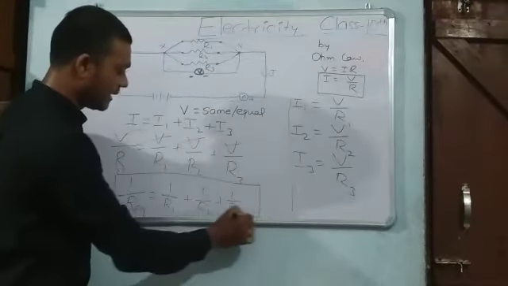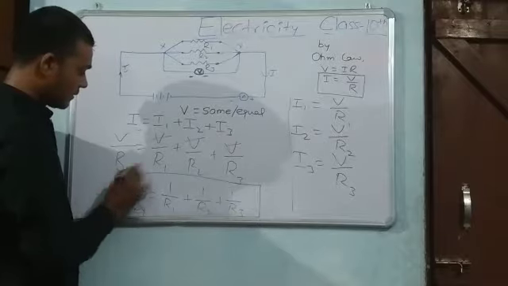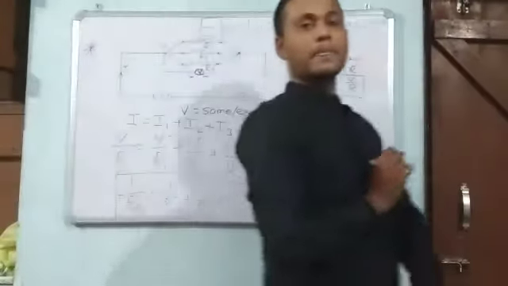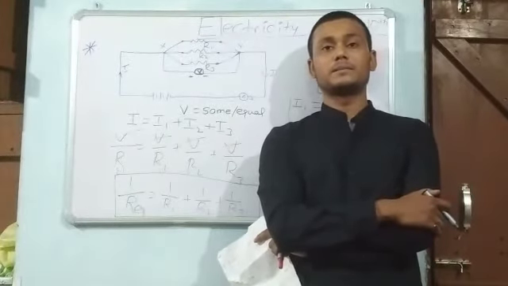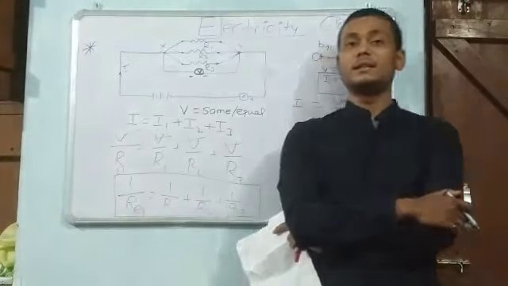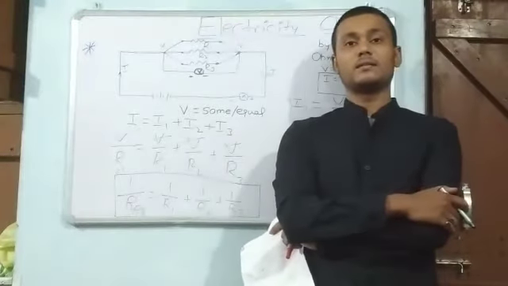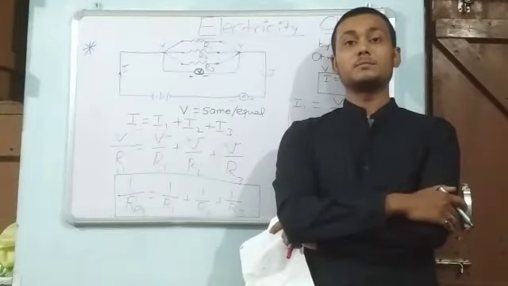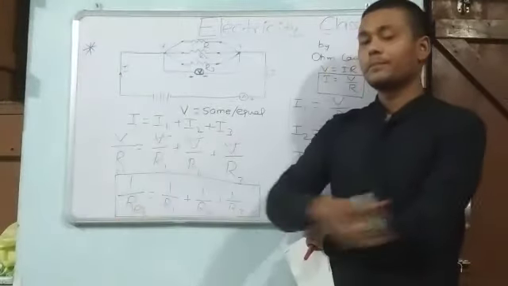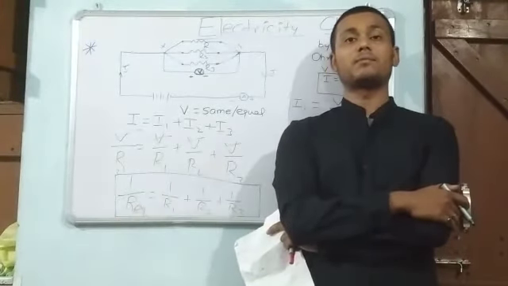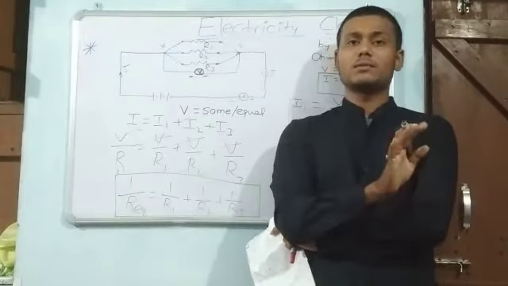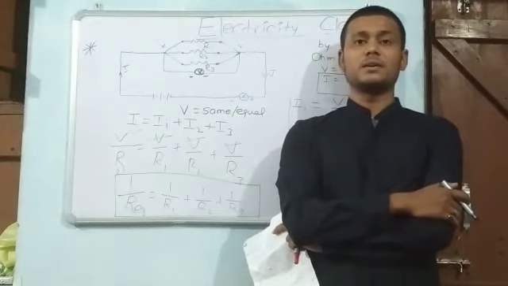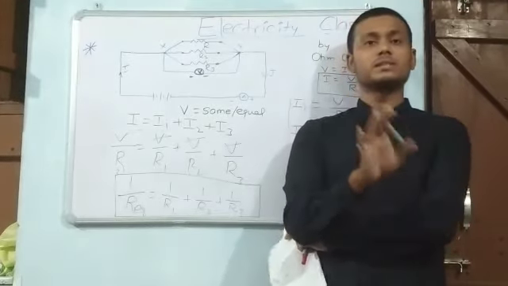So this is the required value of R equivalent. So whenever resistors are placed in parallel combination, the equivalent resistance is measured by this formula, which is 1 upon R equivalent is equal to 1 upon R1 plus 1 upon R2 plus 1 upon R3, and whatever the number of resistors present, we just follow this pattern.